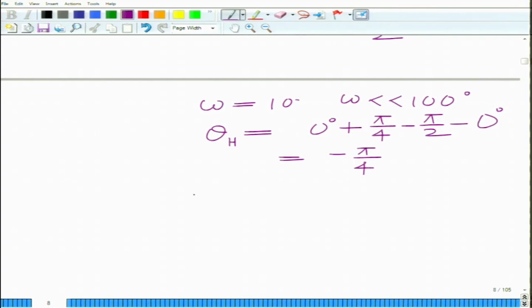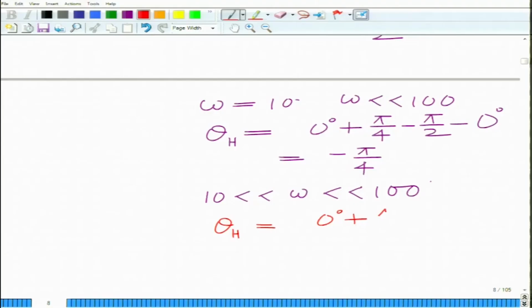Now, omega is much greater than 10, still much less than 100, or 100 radians per second, I am sorry. Then we have theta H equals, numerator again 1 over 10 contributes 0 degrees, j omega over 10, since omega is much greater than 10, contributes pi by 2, denominator j omega also contributes pi by 2, these two cancel, but omega is much less than 100.